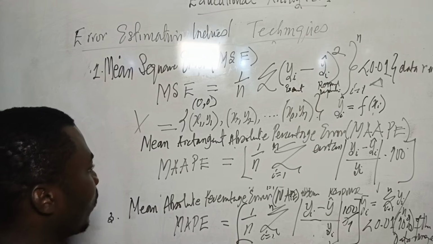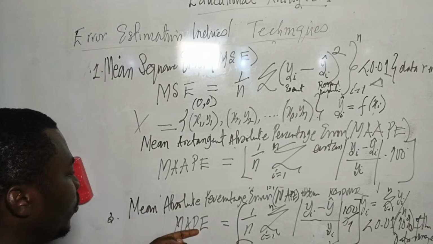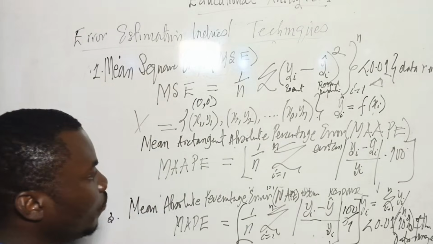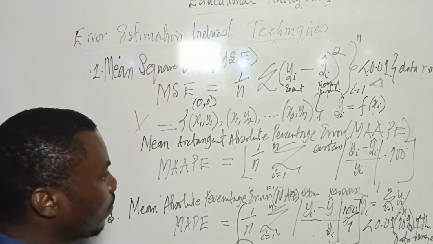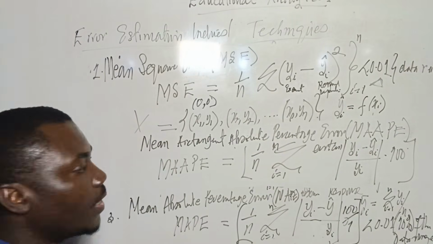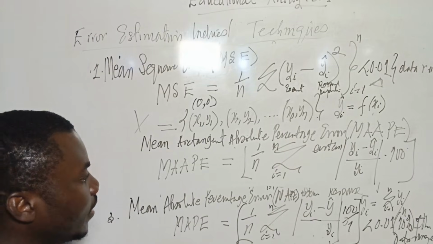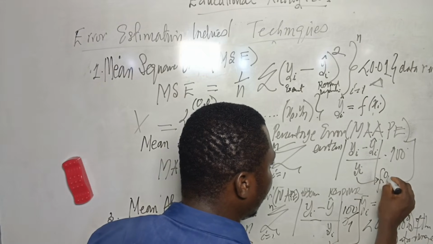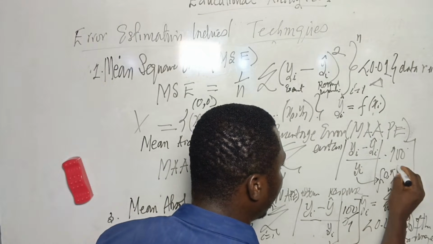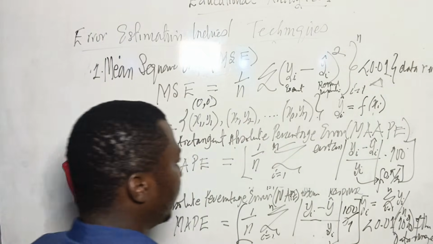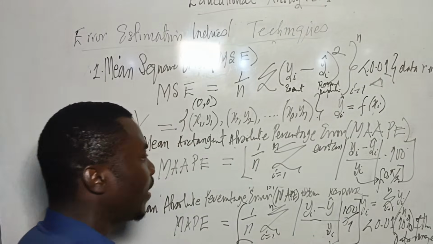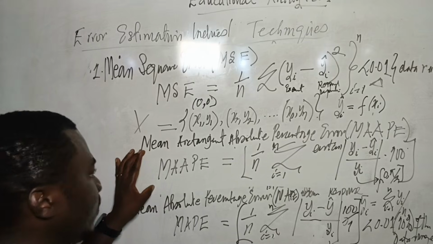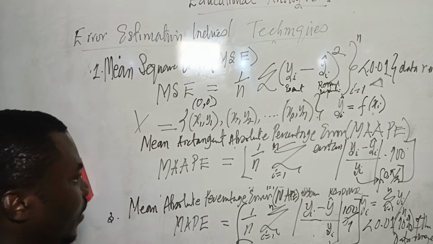It is like a correction factor to the mean absolute percentage error, in the sense that this arctangent will now reduce that problem of undefined zero in the denominator to a particular range of 0 to pi over 2, because the arctangent is finite between 0 and pi over 2. So this is now a better approximation than this.